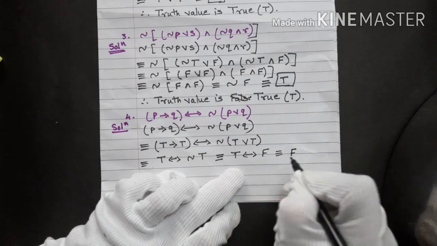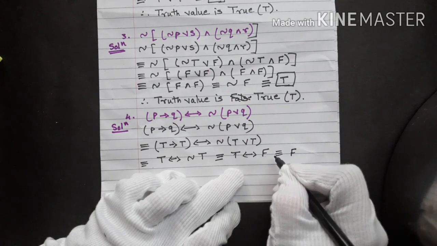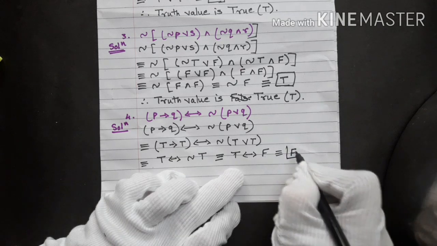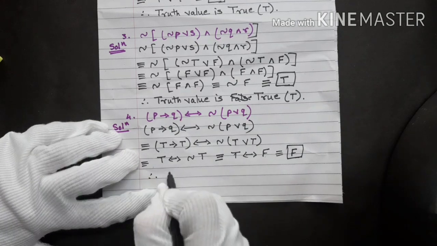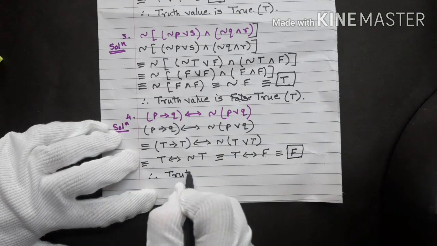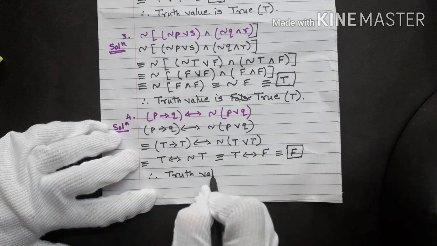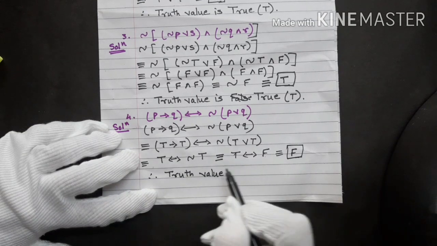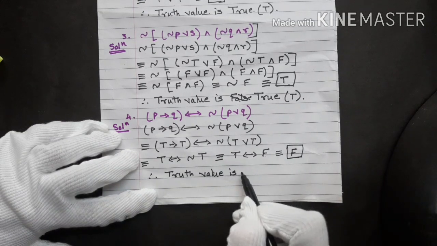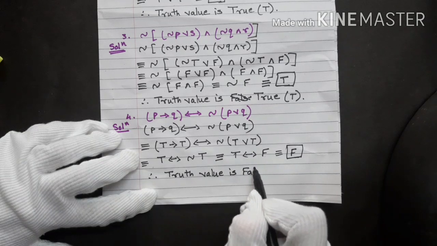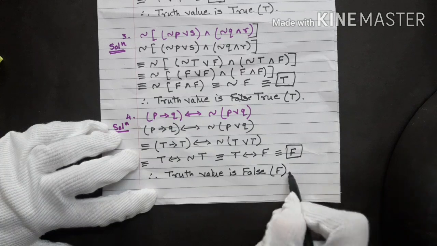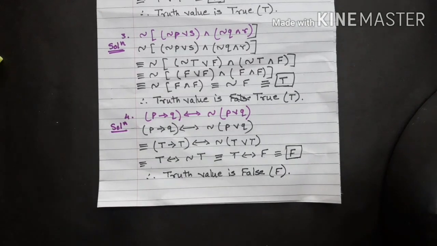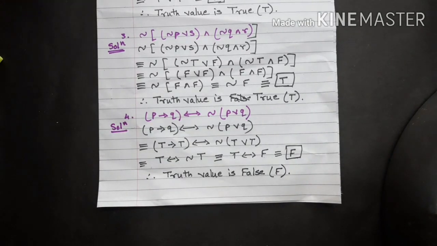So this is false. So therefore truth value is false. Fine. Now we'll move to the next.